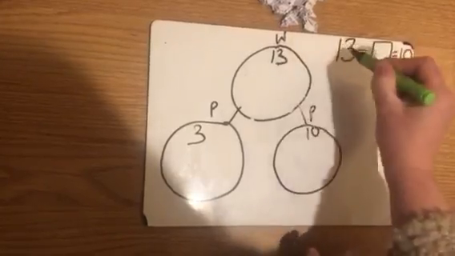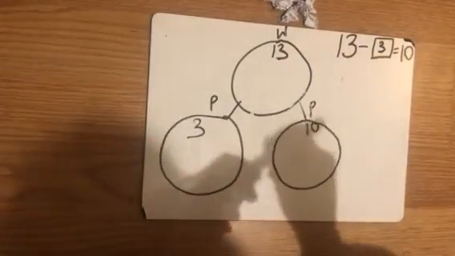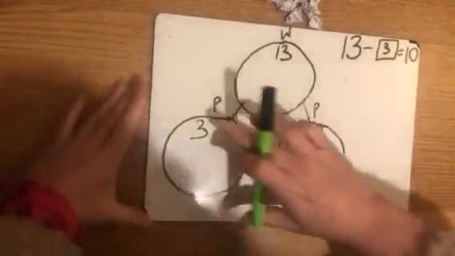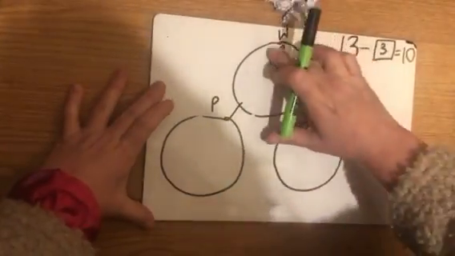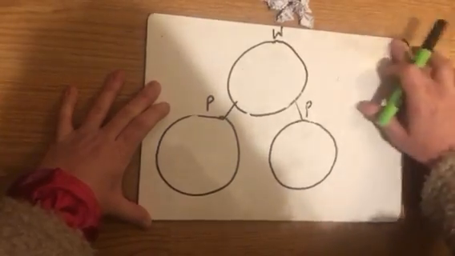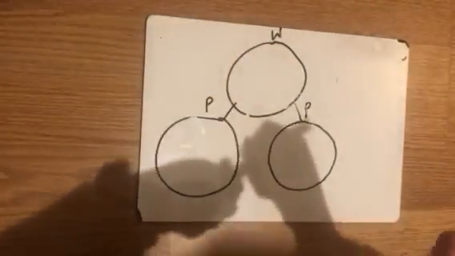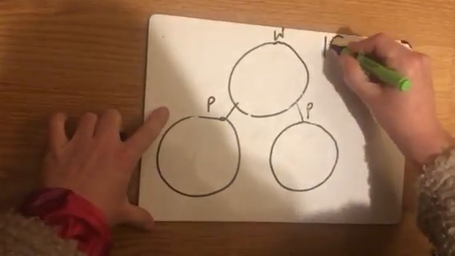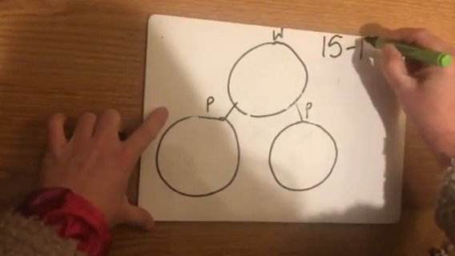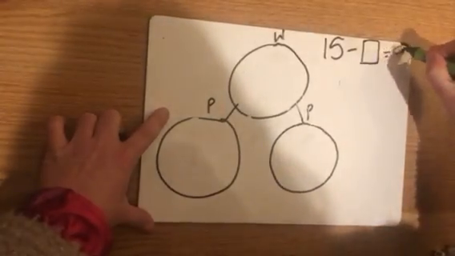So we now know that 13 take away 3 is going to leave us with 10. Okay, we're going to do one more together, and then you're going to have a go doing your own one. So let's just rub that number sentence. And our last number sentence is going to be 15 take away, but we don't know what we're going to take away, and we're going to be left with the number 9.